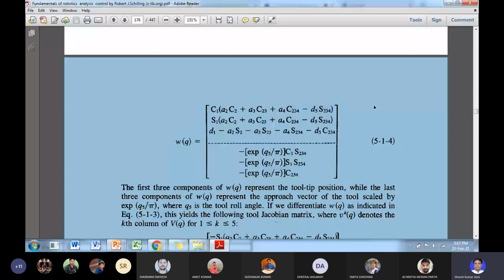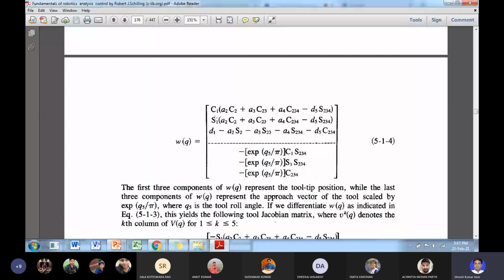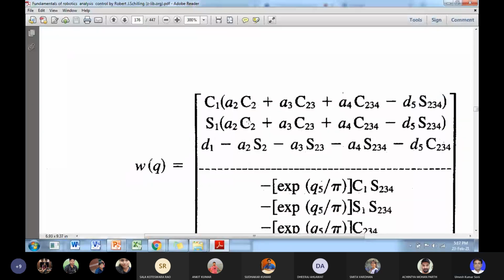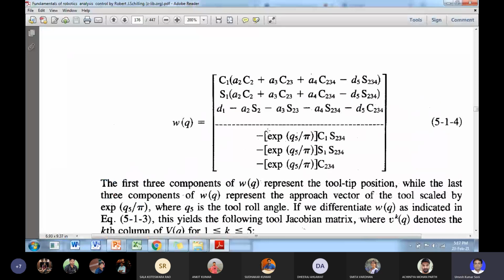Okay, so you write here, note this equation in your book, and determine the partial differentiation with respect to theta 1, that is V1Q, and partial with respect to theta 2, that is V2Q, and all these elements you have to determine.